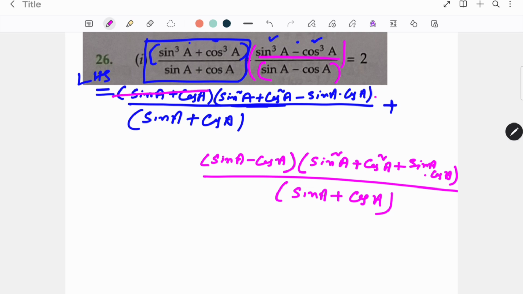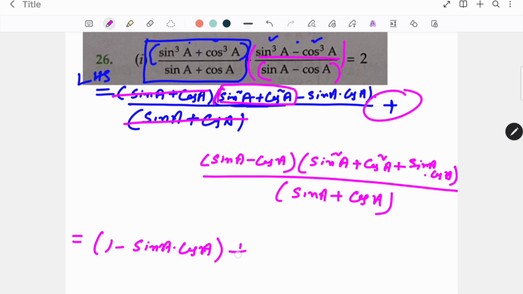Now this sin a plus cos a will cancel. What is left? The leftover thing is sin square a and cos square a, this part will be 1, so it will be 1 minus sin a into cos a. We'll have a plus sign in the middle here.